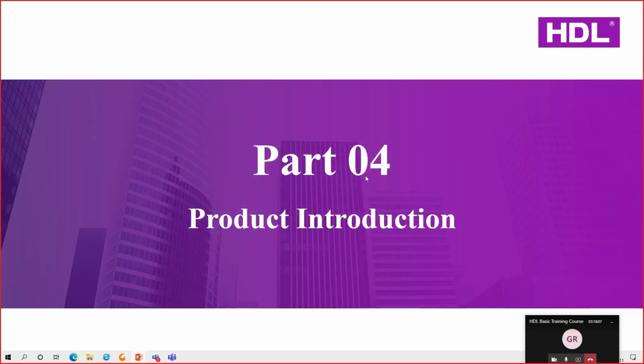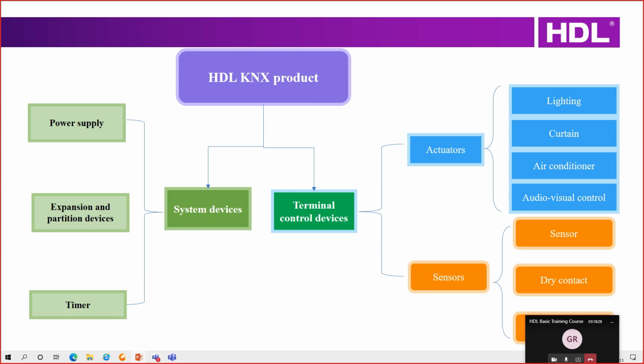So after we learn about the topology and the goals of the KNX system and the wiring of our KNX system, let's move on to the product. So let me show you how many products we have of our KNX system. We have system devices like power supply, expansion, partition devices, timer, and the terminal control devices.